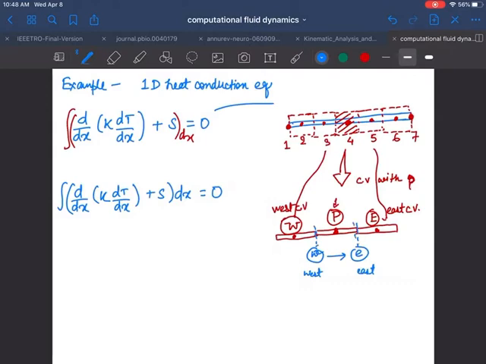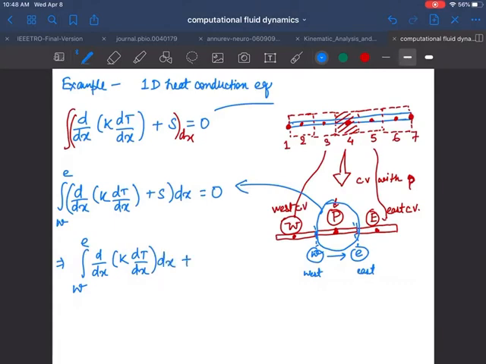From here to here, from the west to the east face, on one particular control volume I'm applying. Now what we can do, we can write the integral from w to e of d by dx of k dT by dx plus the integral from west to east of S dx is equal to 0.